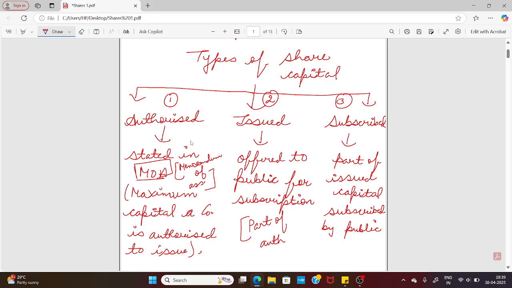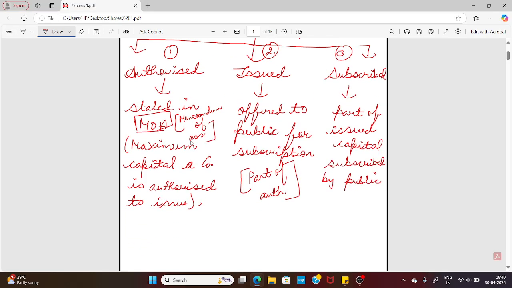Let's understand this with a simple example: if a company has an authorized capital of, let's say, 50 crore, and out of 50 crore the company is issuing 5 crore rupees through the public, that is known as issued capital. So a part of authorized capital which a company is offering to the public for subscription is what issued capital is. And the third kind of capital that we have is subscribed capital.